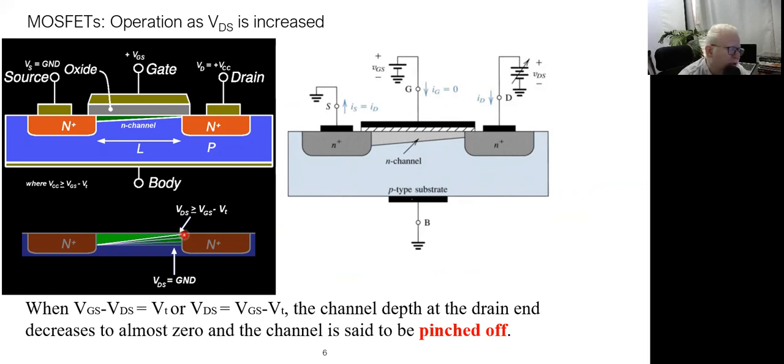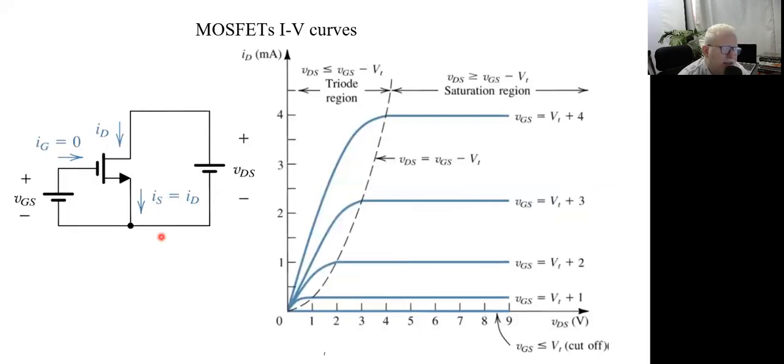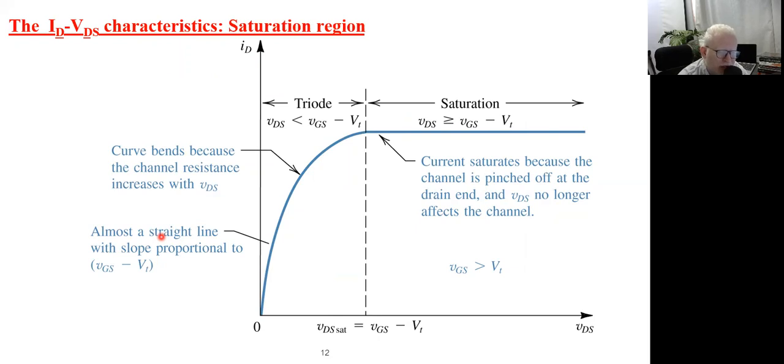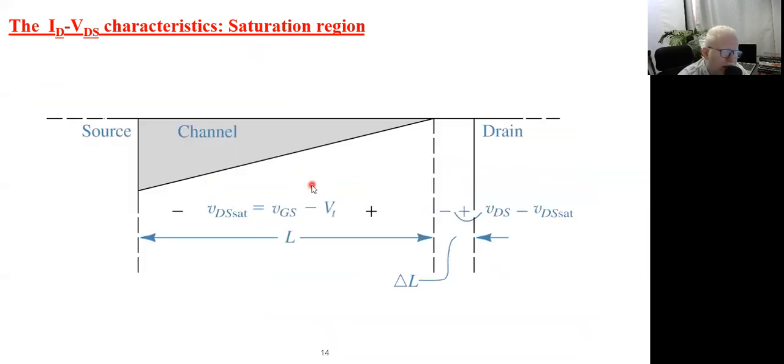if you go back to the solid state electronics course, these pinch off points will start to move toward the left. This simply means that in this region, for example, when VDS is relatively high, the channel length starts to decrease.